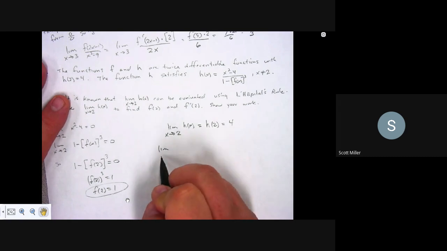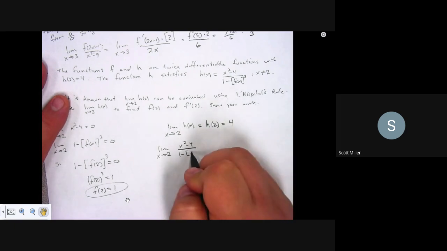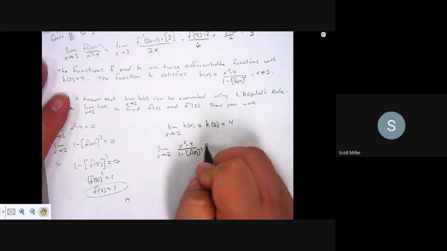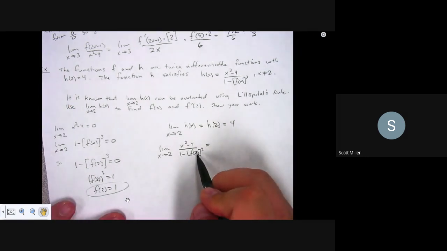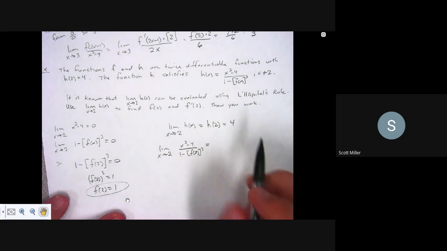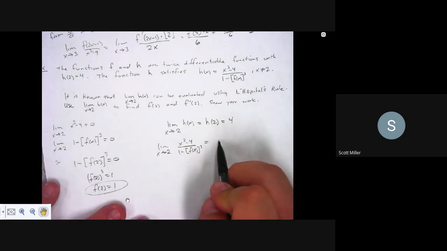So now I know that the limit as x approaches 2 of the whole thing of 1 minus this thing right here, f of x to the third, has to be equal to 4. But in the form it's in right now, it's the indeterminate form, so I can just go over here and then take the limit, because I can use L'Hopital's rule for it.